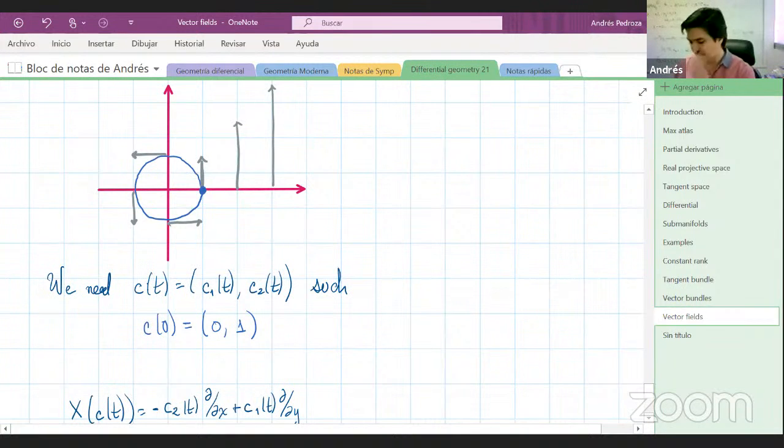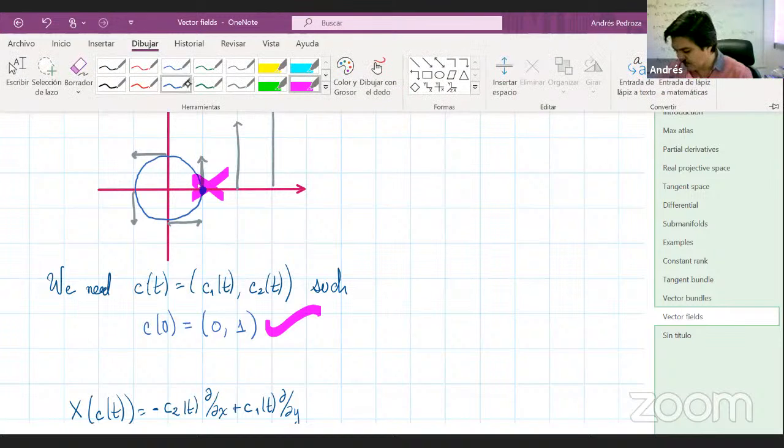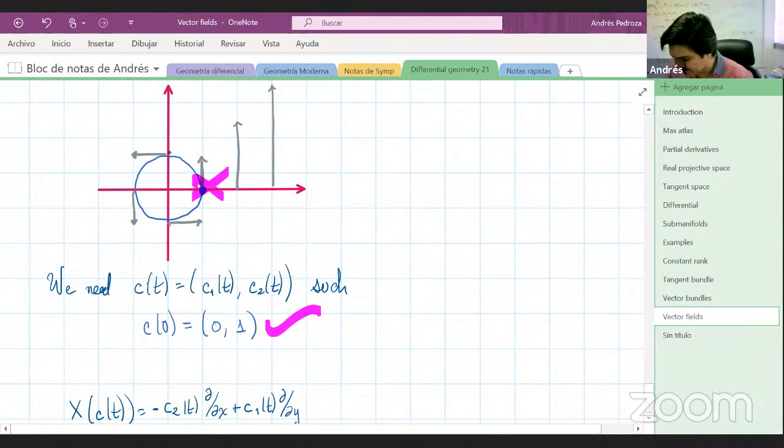Oh, right. No, it's right. The mistake that I made is here. Look, this is what is wrong. So let's keep this, but it's not this point, it's the one above. Okay? So that's the mistake. The initial point or base point is this one.